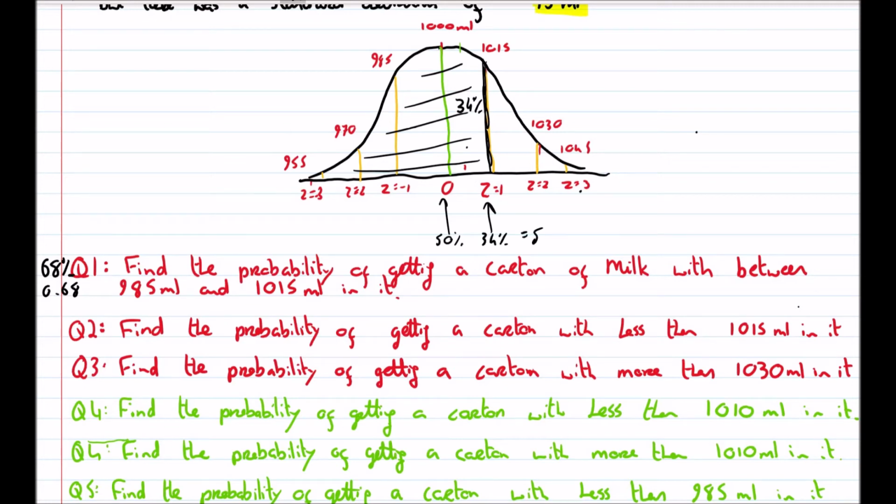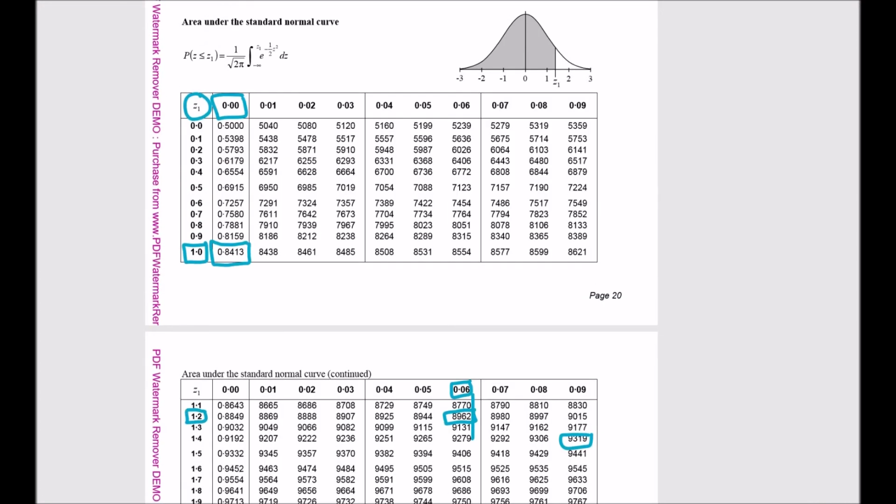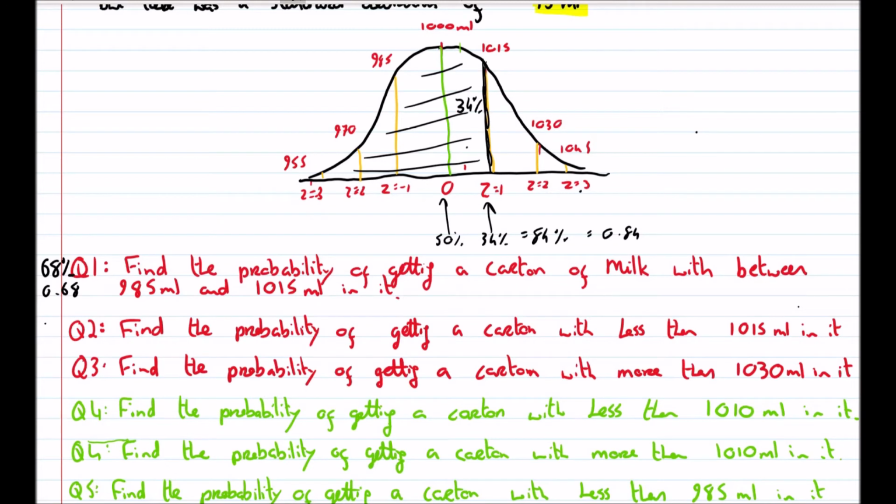So that will give us 84%, which is actually 0.84. If we looked at our tables, we would realize that it's actually 0.8413. So the tables are more precise, but we'll just leave it at 0.84.